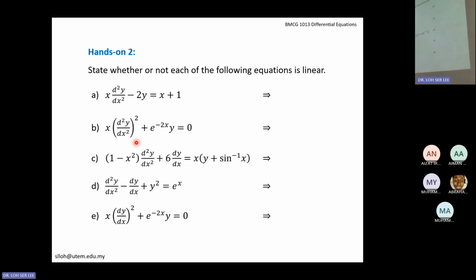Y is independent, then all of this should be in y. That means it will follow the independent variable. If you have dr over ds, all this must be in s or constant.